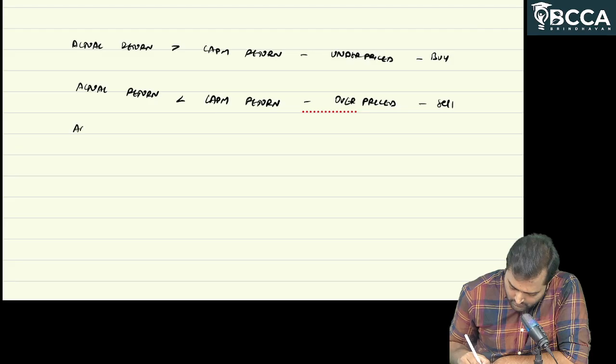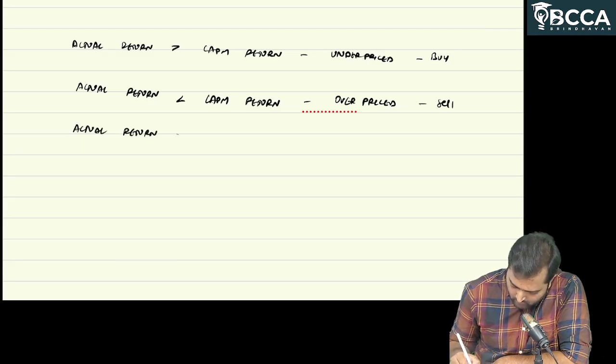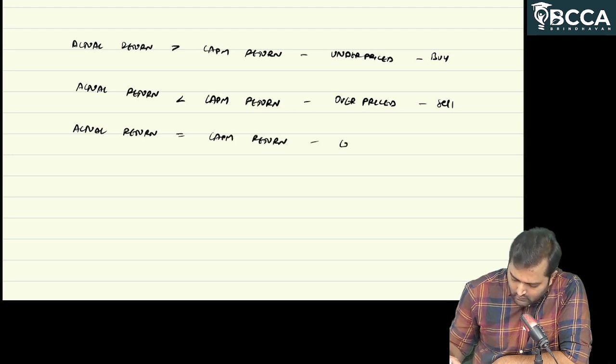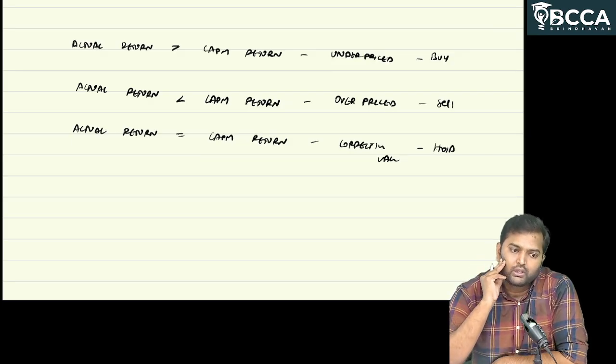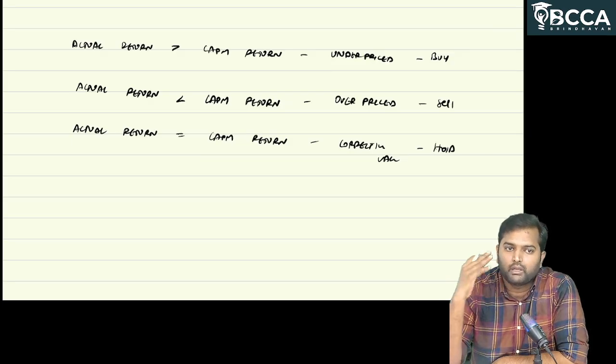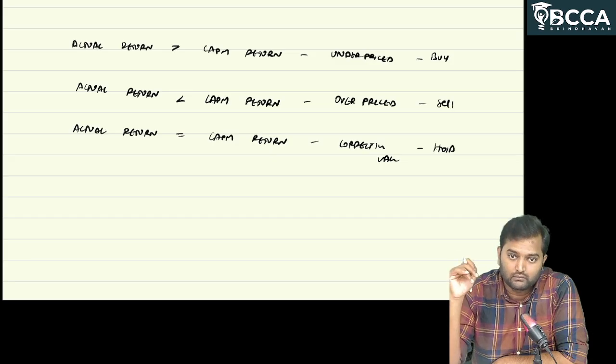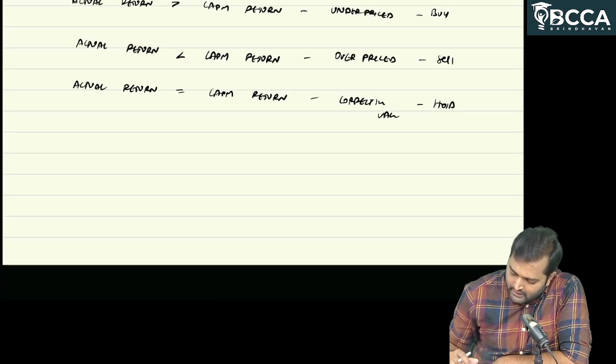If actual return is equal to CAPM return, then it is correctly valued, hold. Hold. If you are getting confused, then better find out Jensen's alpha. How do we get Jensen's alpha?